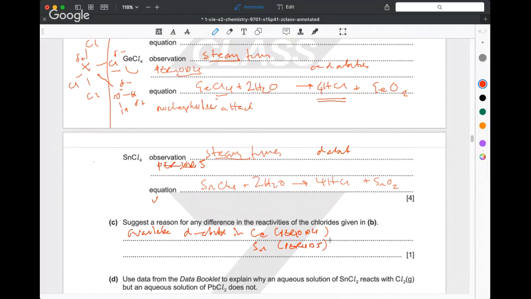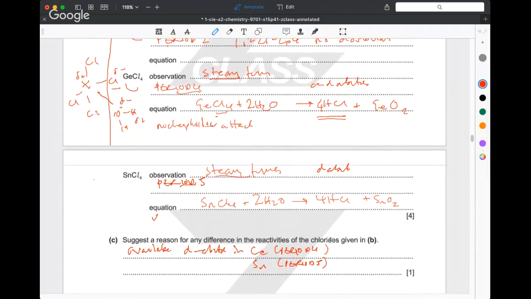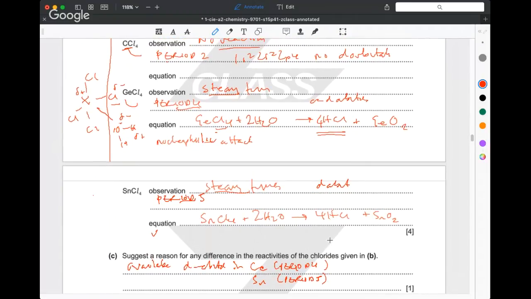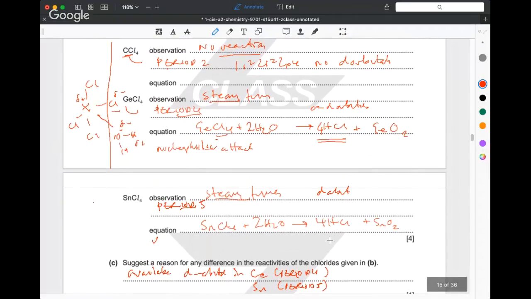The other reason that isn't important here, but you could include in maybe another question, is that if that atom was carbon, then compared to carbon, chlorine is a much bulkier, a much bigger atom.